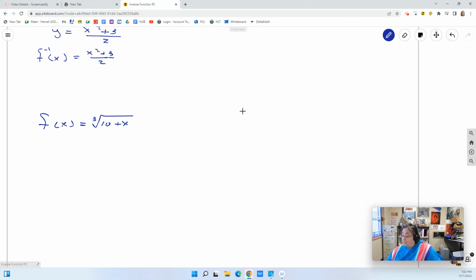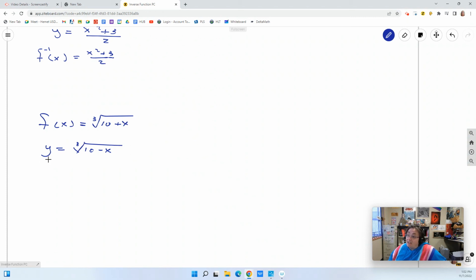I haven't done this problem yet, so I'm as good as you with this one. But we're just going to assume that it has an inverse, and we are going to switch our f of x with y, and see what comes up. It should be fine because cube roots don't usually have multiple solutions.